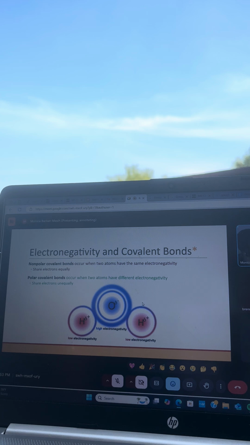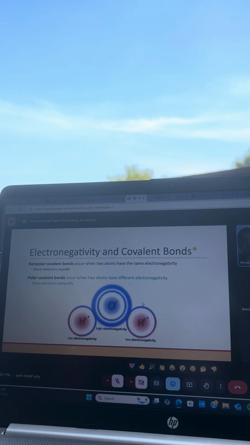Okay, how about the sharing of electrons? Equal. That's why they have the same electronegativity, because they are sharing the electrons equally.